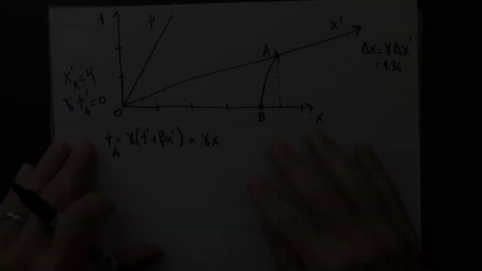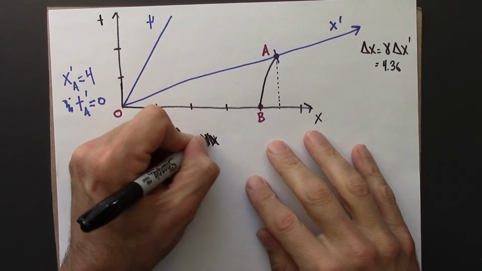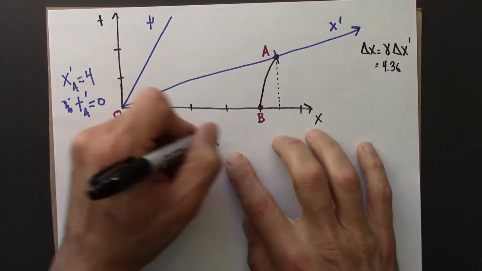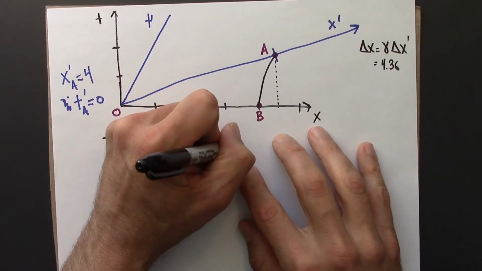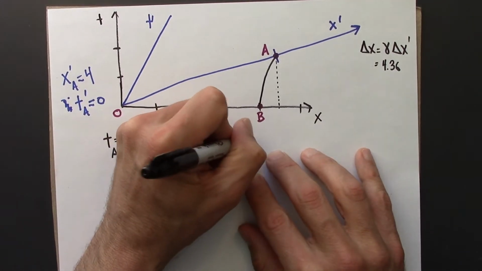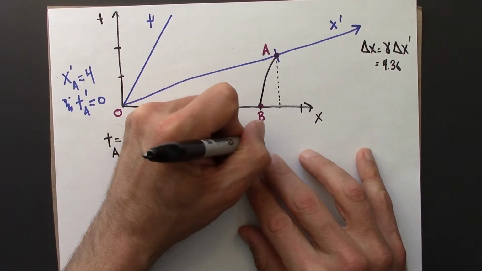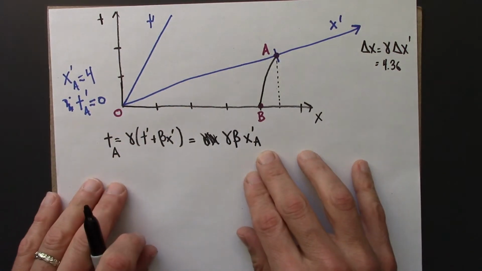And I'm going to keep this symbolic. I'm just going to call that x prime A. Actually, that's going to be gamma beta x prime A. Okay.